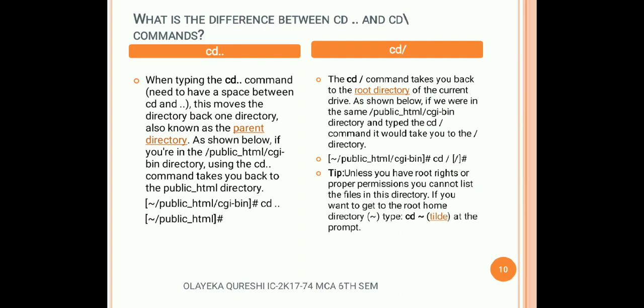Cd ..: when typing the cd .. command, you need to have a space between cd and the two dots. This moves the directory back one directory, also known as the parent directory. As shown below, if you are in the /public_html/cgi-bin directory, using the command cd .. takes you back to the public_html directory, as you saw on your screen.